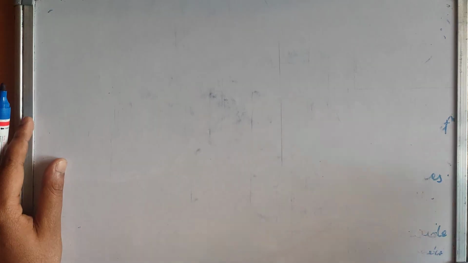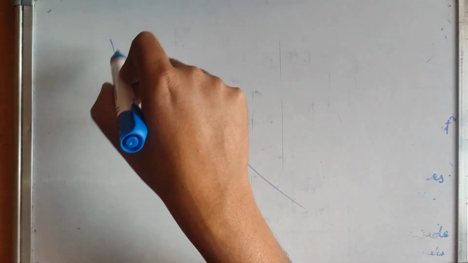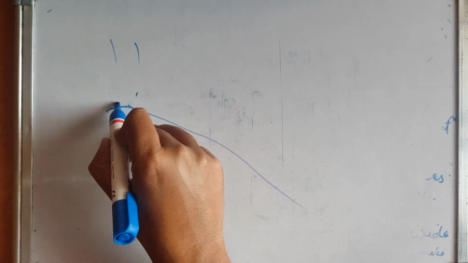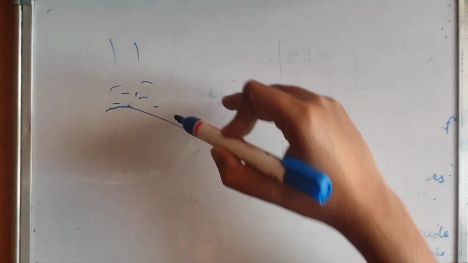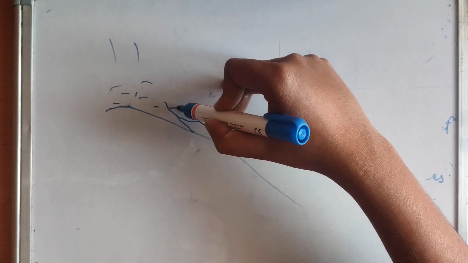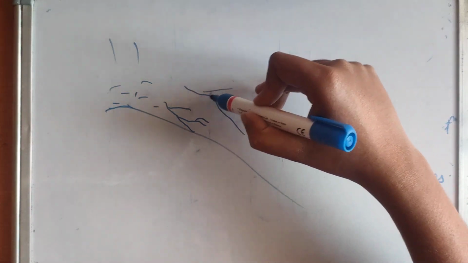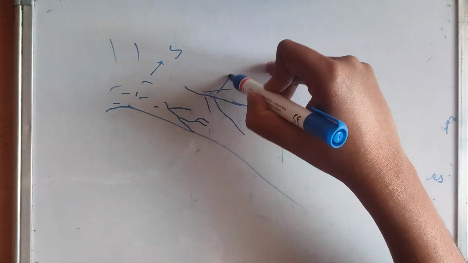See what happens. Suppose this is a layer of soil, raindrops fall, little bit of sheet. This is sheet erosion. Then this sheet starts, due to runoff, to develop into small channels. This is sheet, this is rill.